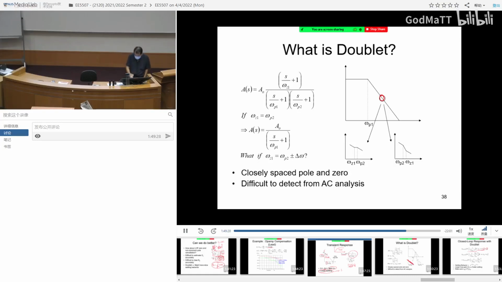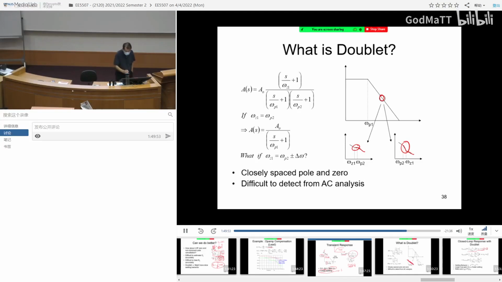You are going to end up having two scenarios. One is like this, one is like this. One is the zero happening before the pole, another is the pole happening before the zero. If the zero happens before the pole, you will see that it goes flat first before it goes down. If the pole happens before the zero, it goes down steeper and then regains the previous slope.